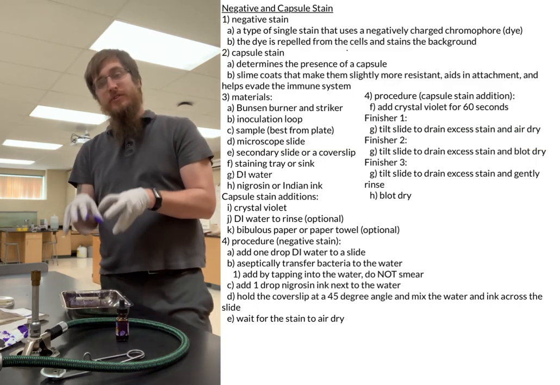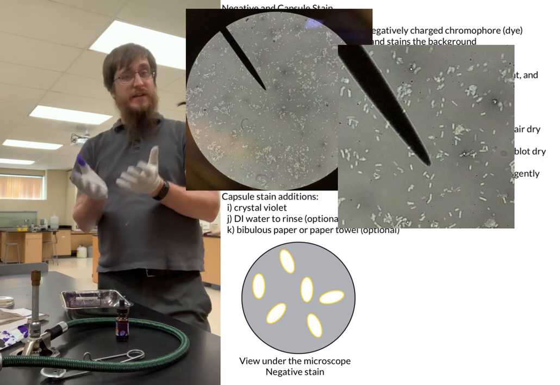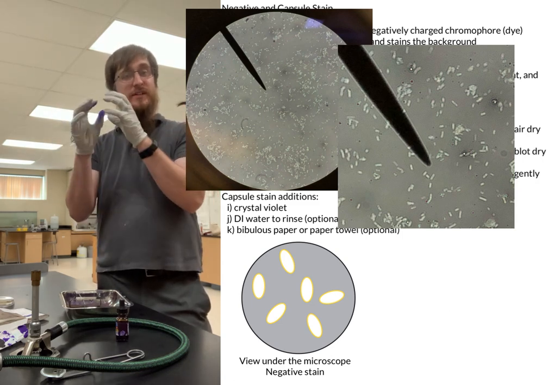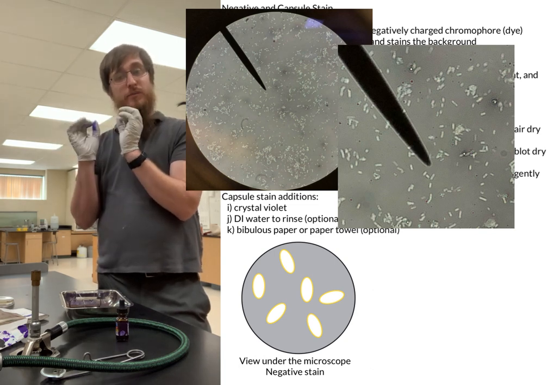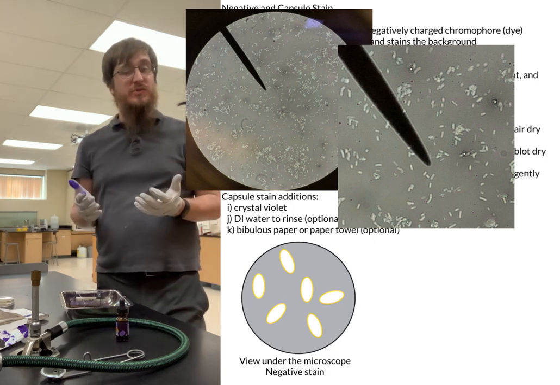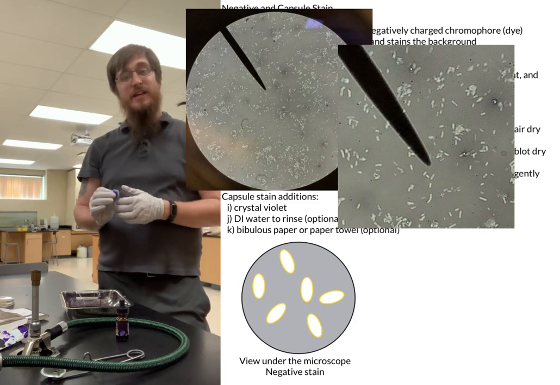But all around, the way that the capsule stain actually works out again is that when we did the negative stain, we basically stained the background, giving us these nicely light colored cells to look at. But when we then use the crystal violet, it doesn't actually stain the capsules, it only stains the cells inside of the capsules.